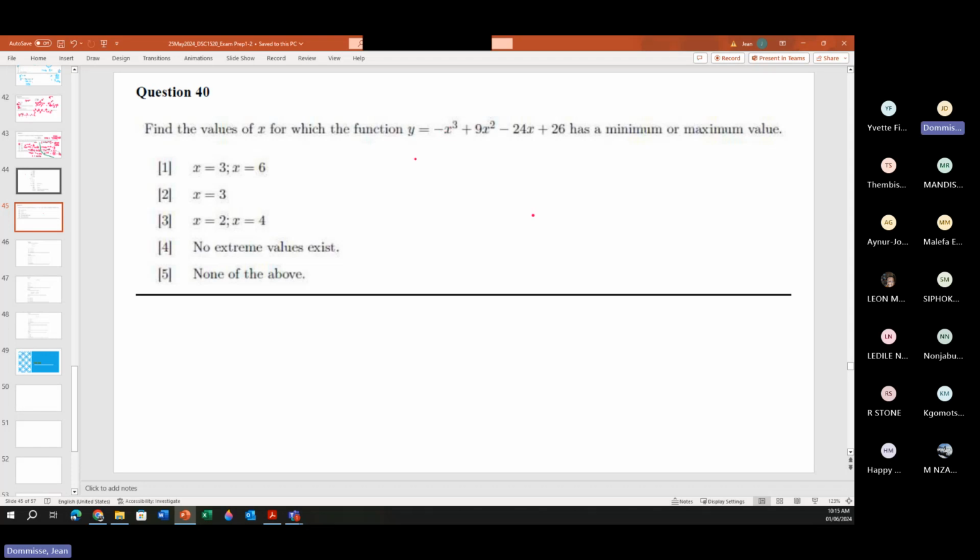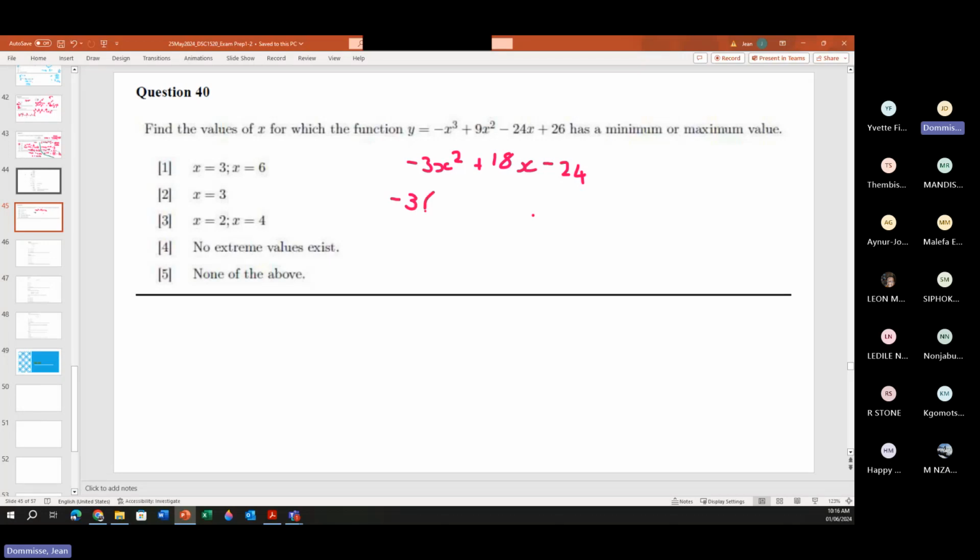So the -3 goes in front, over 3, so it's minus 3x to the power of 2. The 2 goes into the front, 18x. The x just disappears, so we sit with minus 24, and the 26, when we differentiate that, will be 0. So what I would do then is to simplify it a bit.